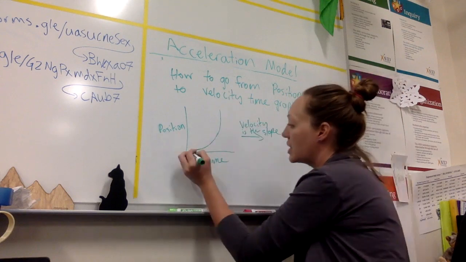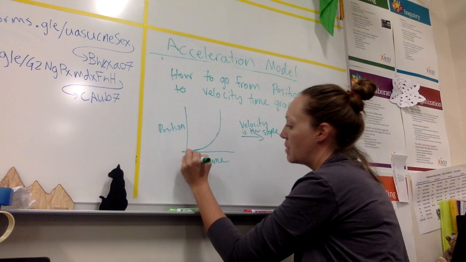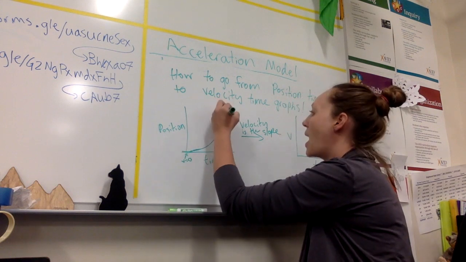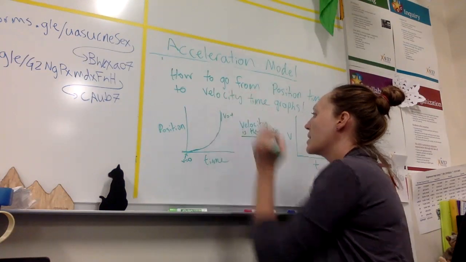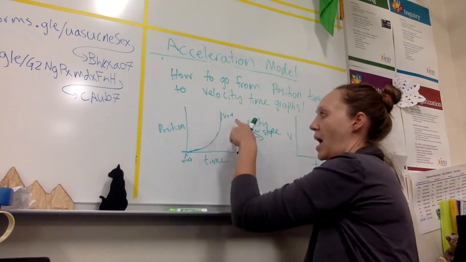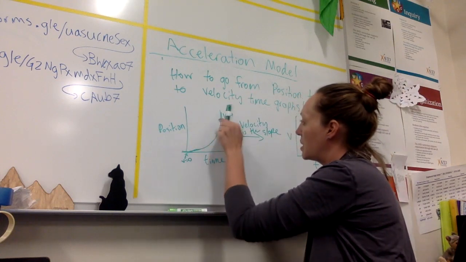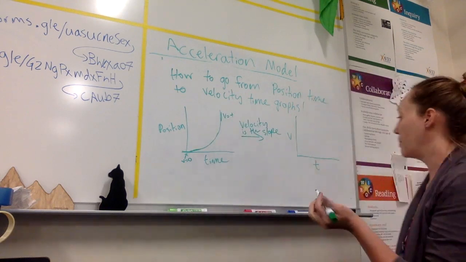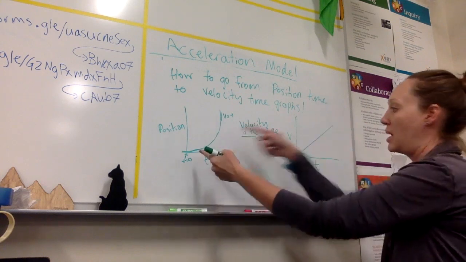So when I look at this, I would look down here, I'd say the slope is about 0 down there, and it gets positive, velocity equals positive, and it's steep up here, and I can see that it's getting steeper and steeper and steeper. I also know that a velocity versus time graph needs to be a straight line. So I would estimate this.